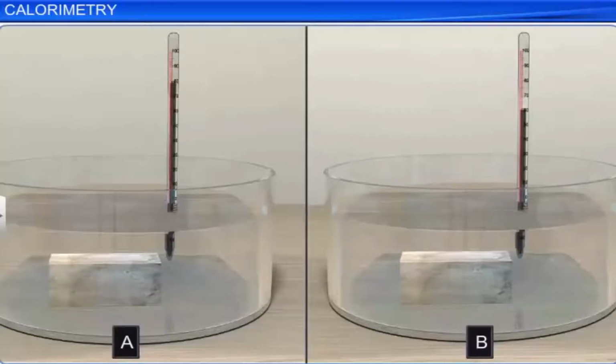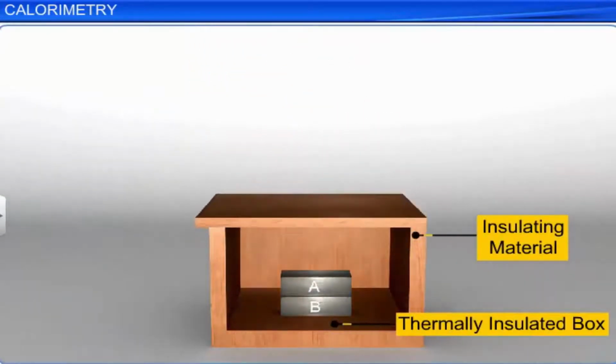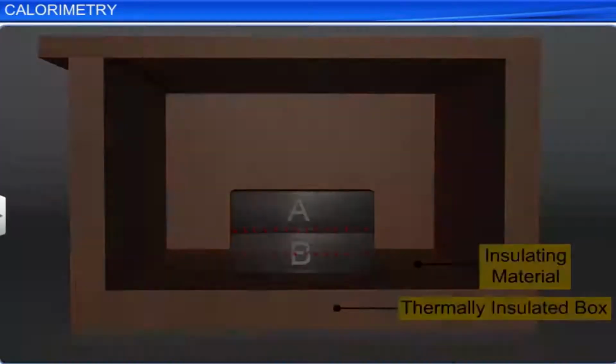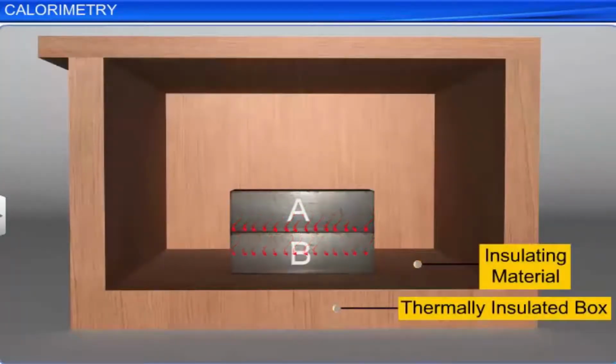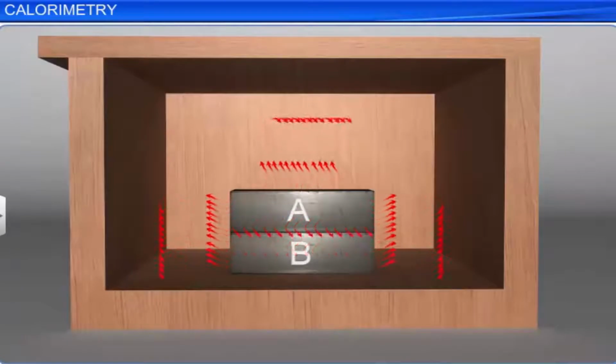Let's take 2 iron rods, A and B, at 2 different temperatures and place them in a thermally insulated box and make sure they are in contact with each other. We know that heat energy flows from a hot body to a cold body. Since they are in a thermally insulated box, no heat escapes to the surroundings.